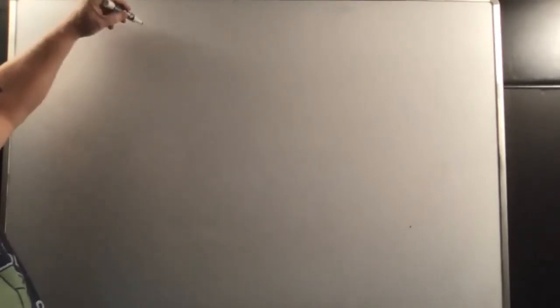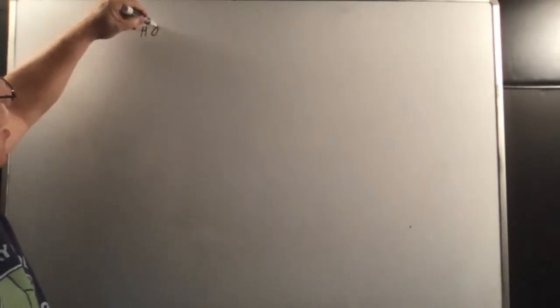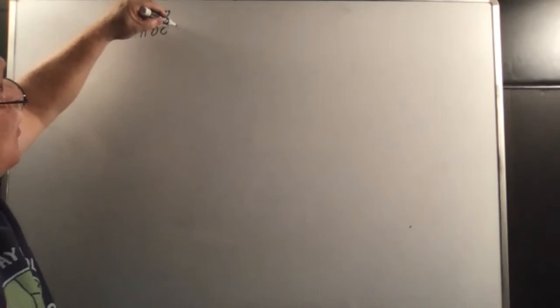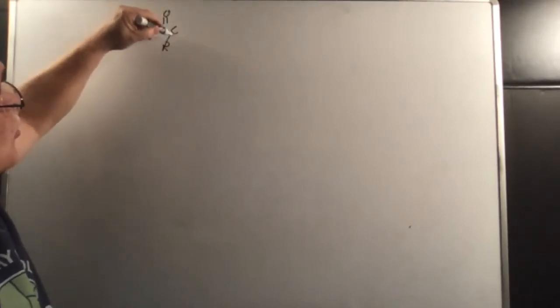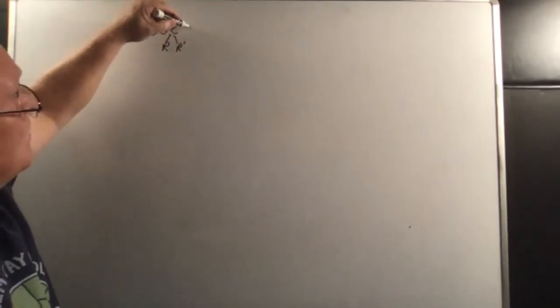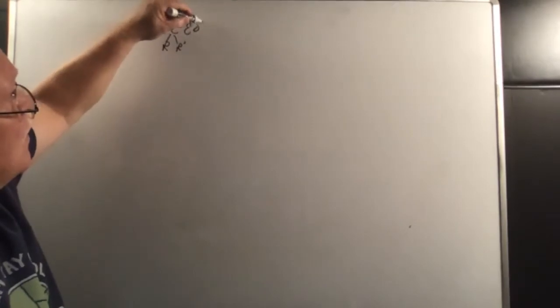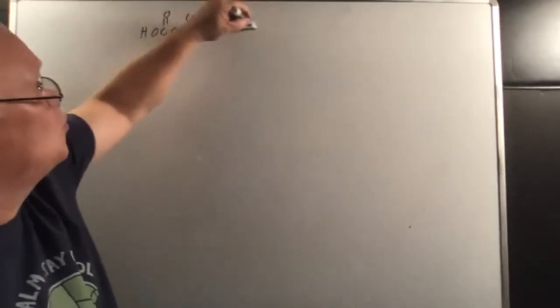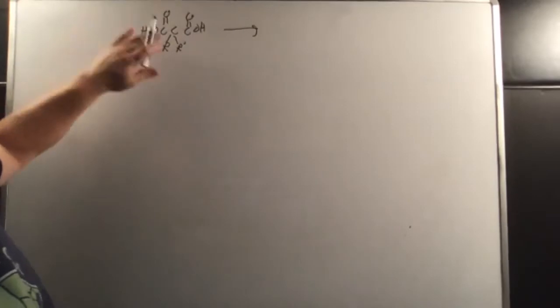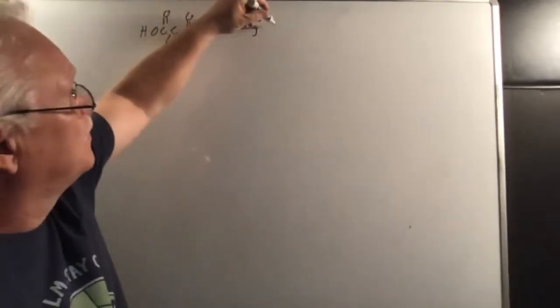Okay, so here's what we're doing. We're taking an HOC double bond O, C with two R groups attached. And we're going to lose one of those CO2s, and it doesn't matter which one.